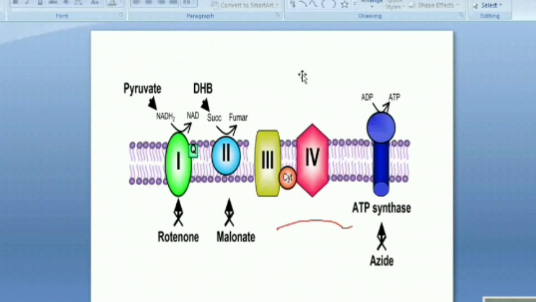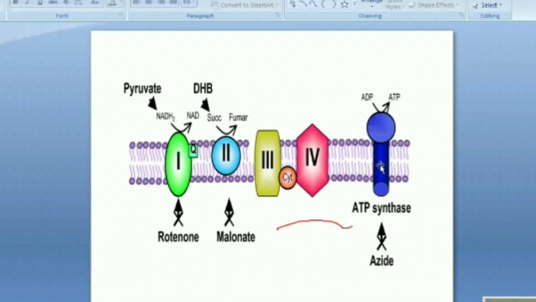This portion is the mitochondrial matrix, but it cannot, because the inner mitochondrial membrane is very tough. But protons can pass through this one point, the proton transporter, which is complex 5.